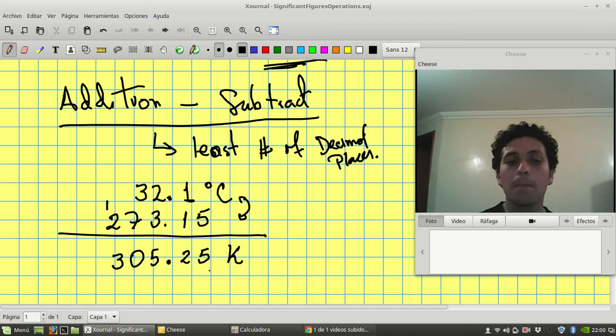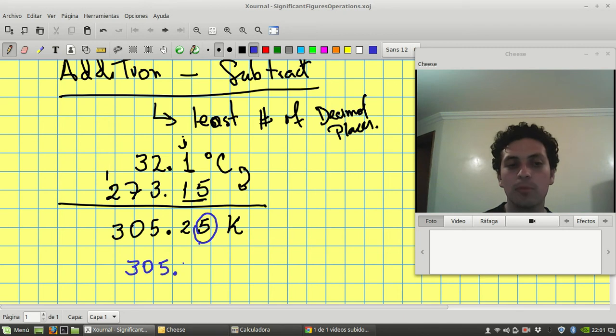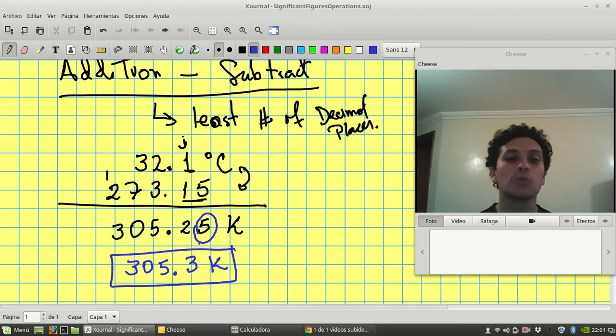Okay, but as we're using significant figures, you have to keep into account that this number just has one decimal place and this number has two decimal places, so we have to keep the least number of decimal places. We have to round the number by putting away this 5. So the actual answer using significant figures is 305.3 kelvins. Okay, this is for addition and subtraction, least number of decimal places.